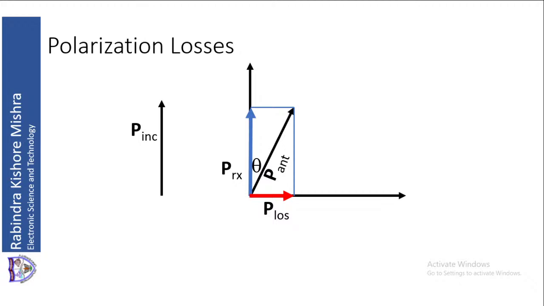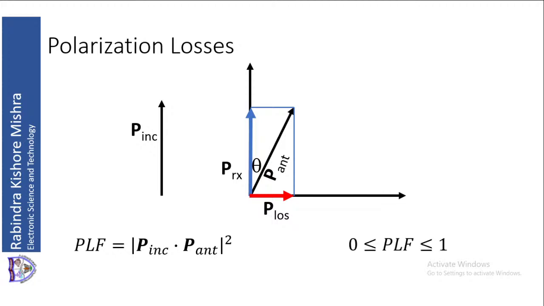This loss is called the polarization loss, and we define it by PLF, the polarization loss factor. PLF is equal to the vector P_incident dot the vector P_antenna, that is, the incident polarization dot product with the antenna polarization, and that squared is the polarization loss factor.